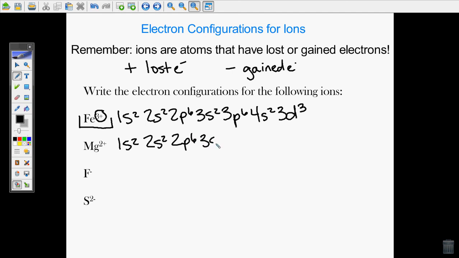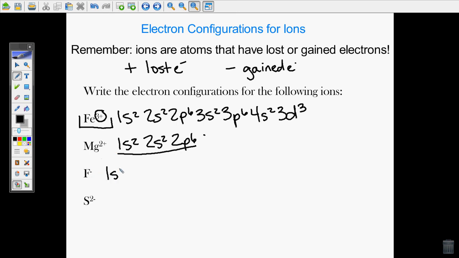It should be 3s2, but it's lost 2 electrons. So we lose all of it. So this could be the electron configuration for magnesium ion or neon.